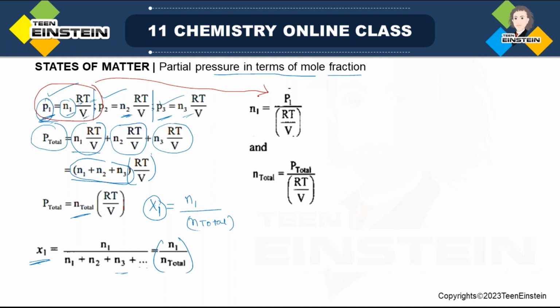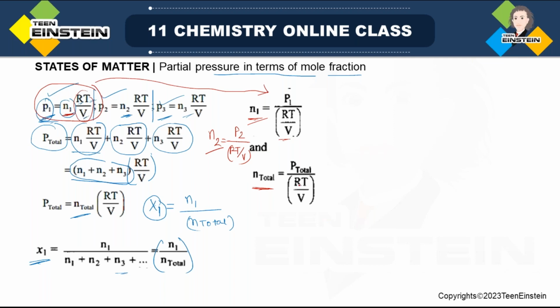So N1 will be P1 divided by RT by V. Similarly, you can also do this for N total, because you can write N1 like this, you can also write N2 like this. So N2 will be equal to P2 divided by RT by V.